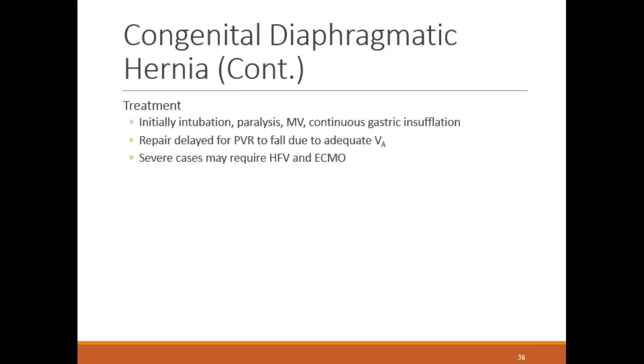So we want to intubate right away and paralyze the patient. And then we want to support these babies until they can get the surgical repair. We want to make sure that we're supporting them with lung protective strategies. These babies might get put on ECMO. These babies might be indicated for high frequency ventilation.